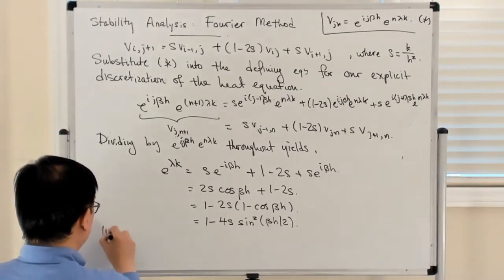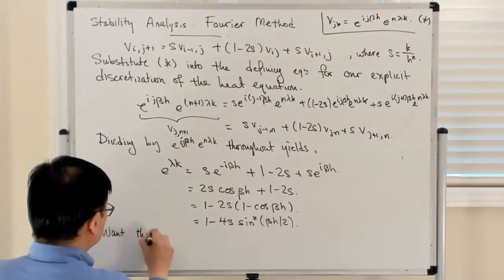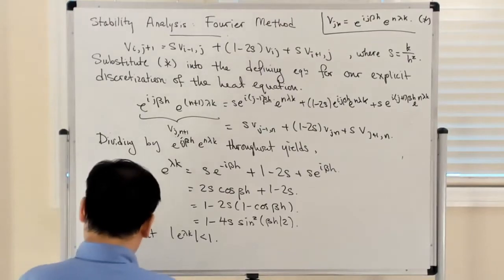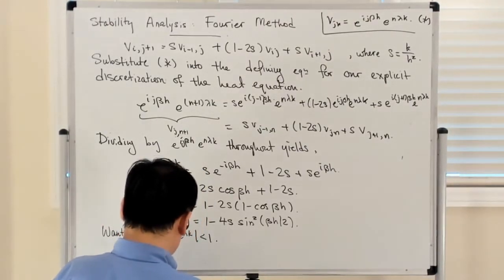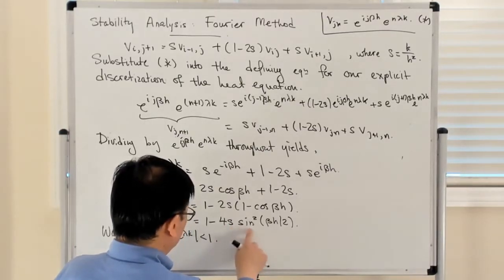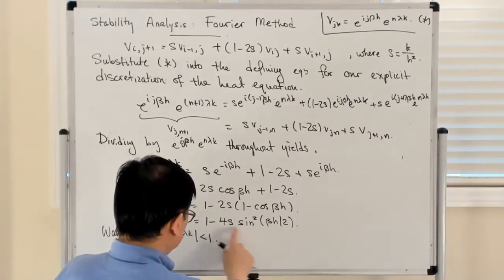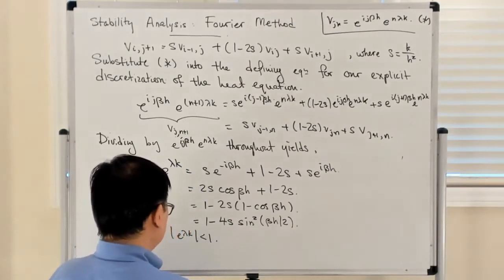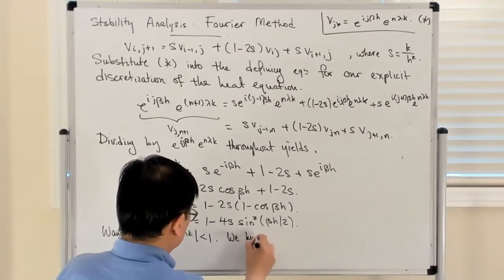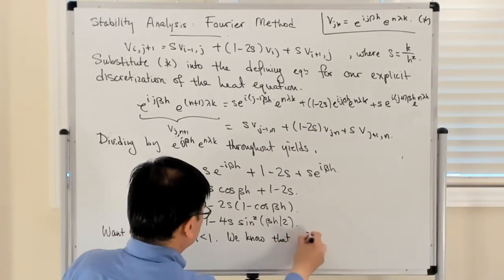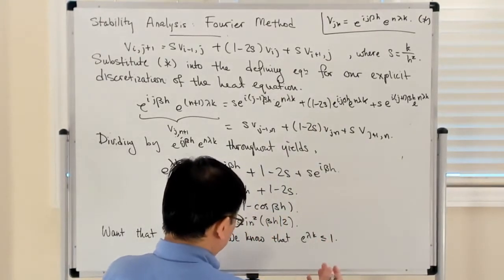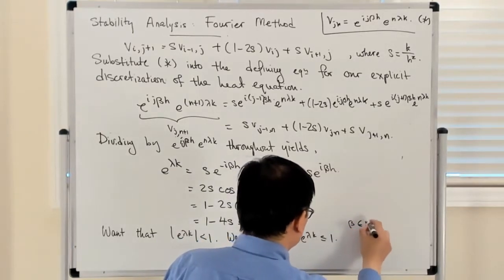If you recall, we want the norm of e^(λk) to be less than 1. It's clear that this term is less than or equal to 1, so long as β is real.